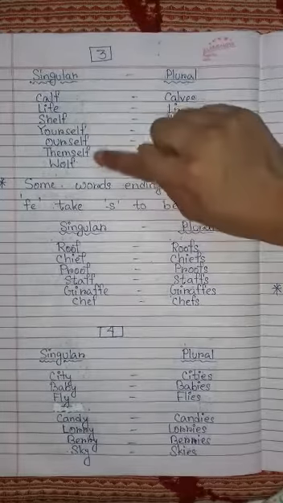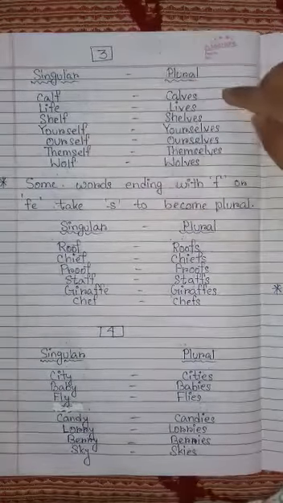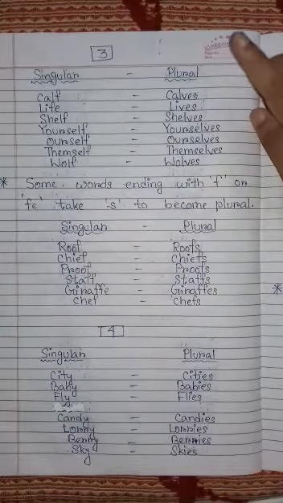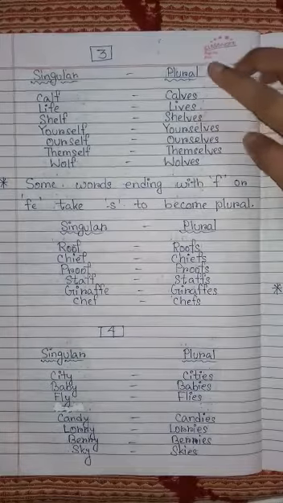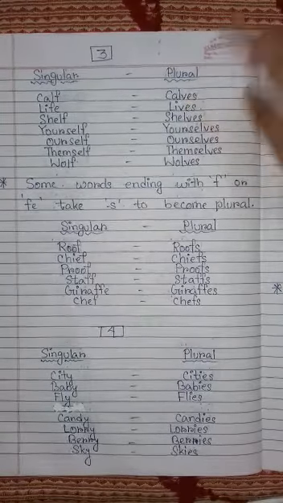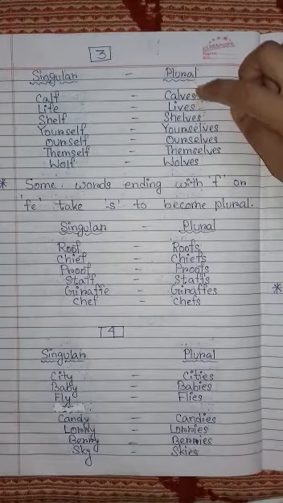Because these nouns are all ending with f or fe at the last, we have added ves in place of f or fe. But mind it, in the plural forms we cannot write f or fe. We have to write only ves at the last.